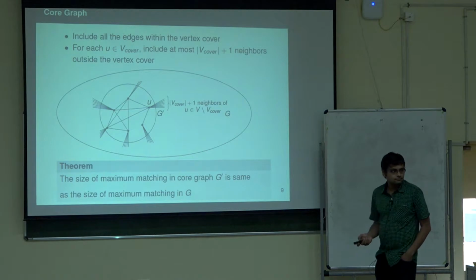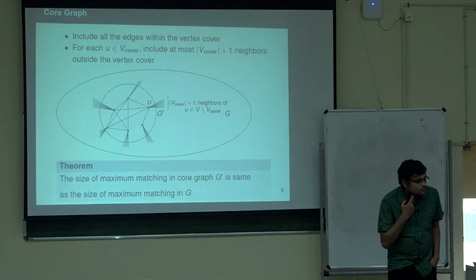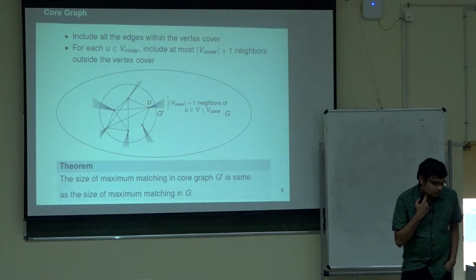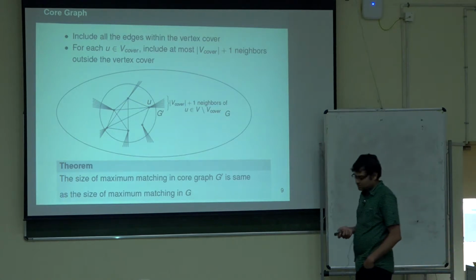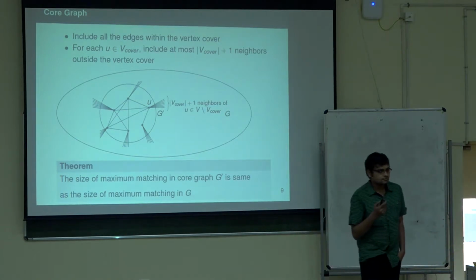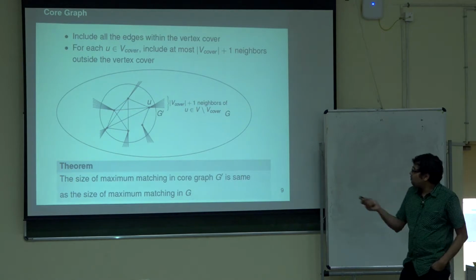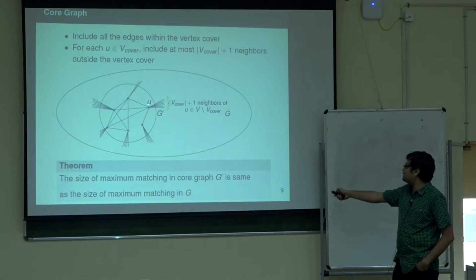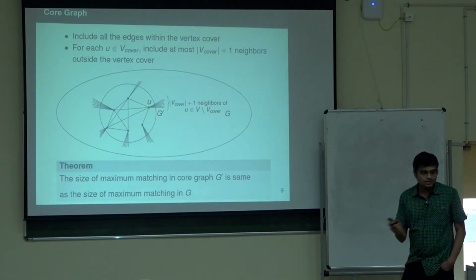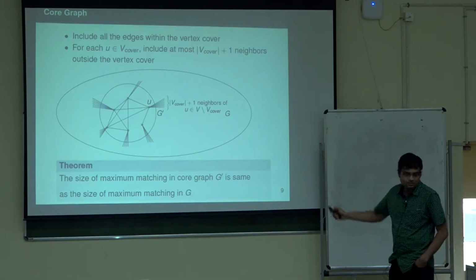Okay. Pardon? All these neighbors must be distinct. So this is a simple graph. Not across vertices. No, you can have a neighbor from here to here; this edge can be there. But these neighbors are distinct.